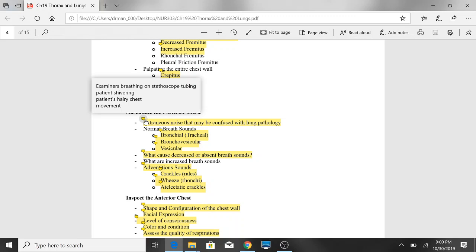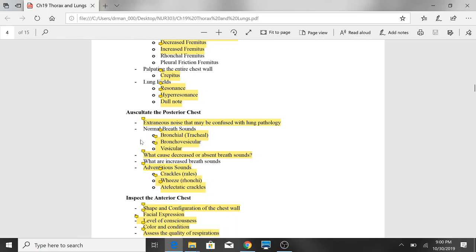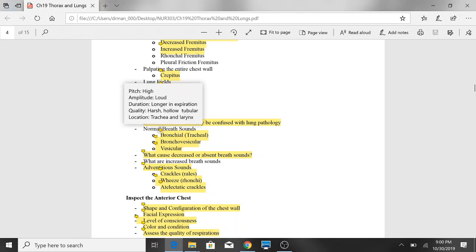Looking at normal breath sounds, there are 3: bronchial or tracheobronchial, bronchovesicular, and vesicular. Bronchial: the pitch is high, amplitude is loud, duration is longer in expiration than inspiration. Quality is harsh, hollow, and tubular, and this usually occurs over the trachea and larynx.